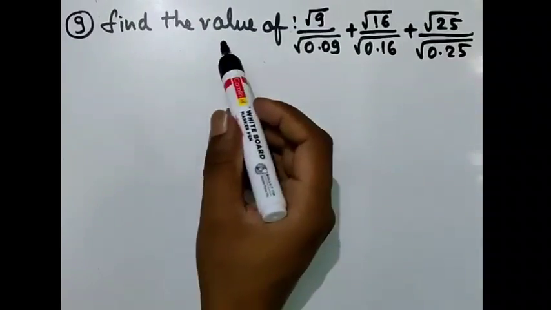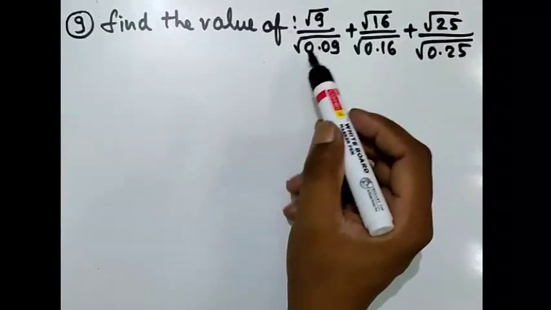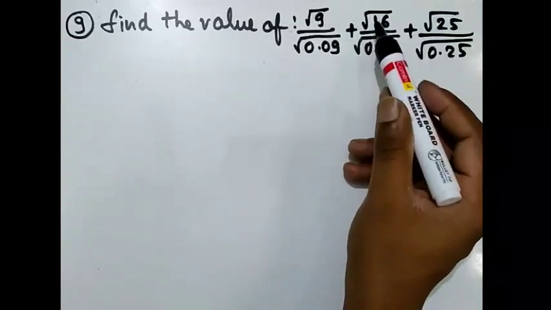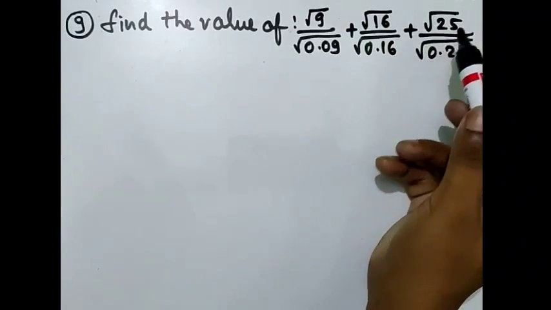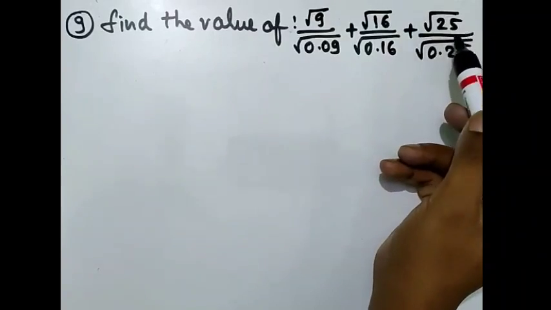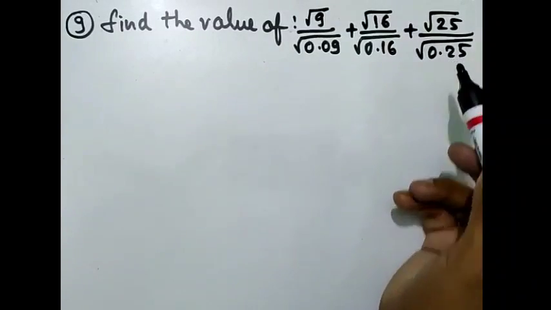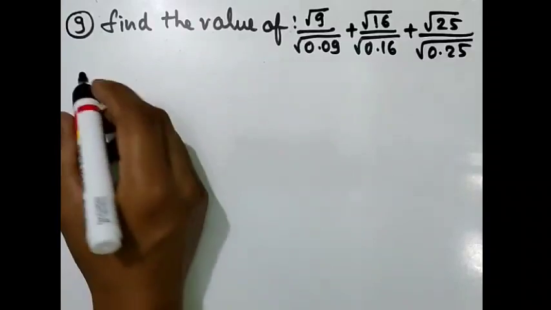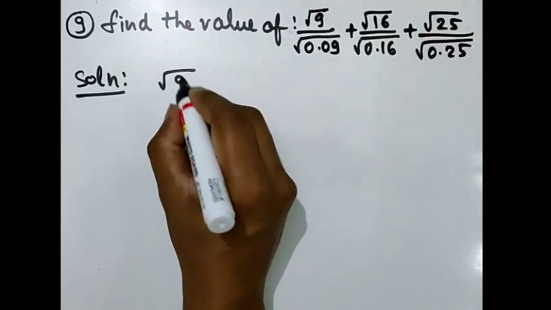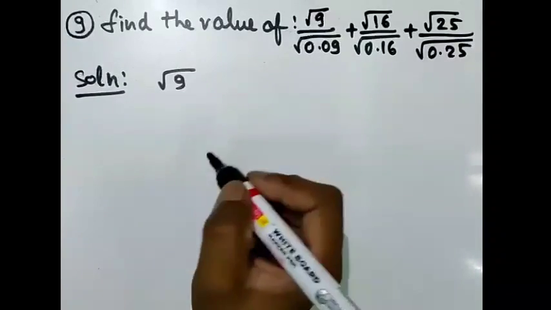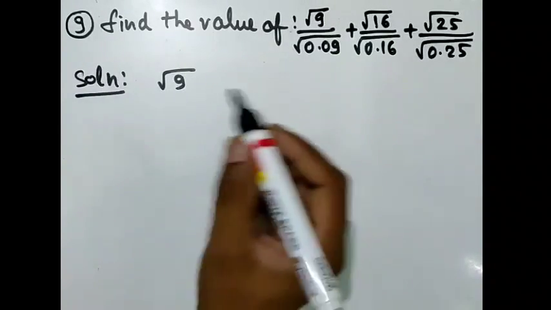Find the value of square root of 9 by square root of 0.09 plus square root of 16 by square root of 0.16 plus square root of 25 by square root of 0.25. Now what you can do here, you can find the square root of 9 or you can leave it like that. There are multiple ways of doing it.